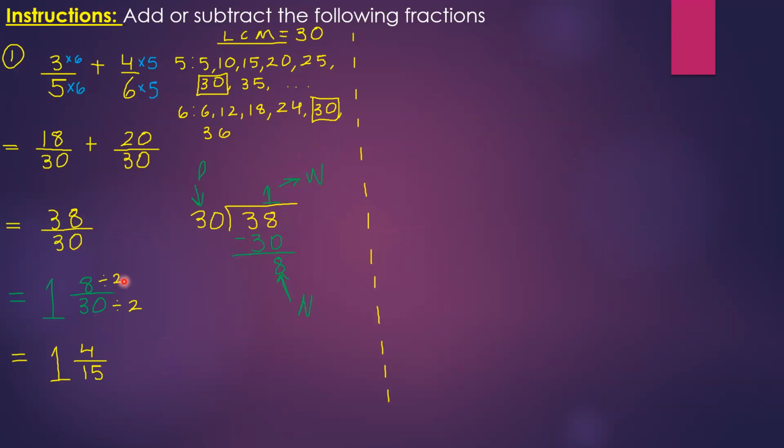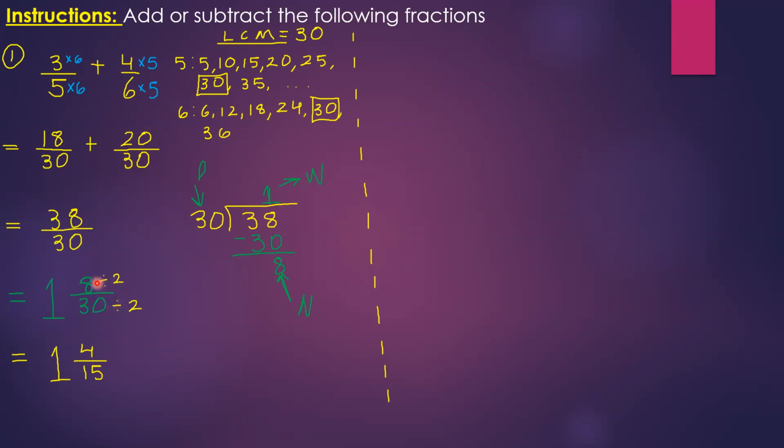You understand that? Yes, but how did we get 8 over 30 if the denominator is less than the numerator? So how were we able to simplify 8 over 30? Oh, for this one, we just simplified it.